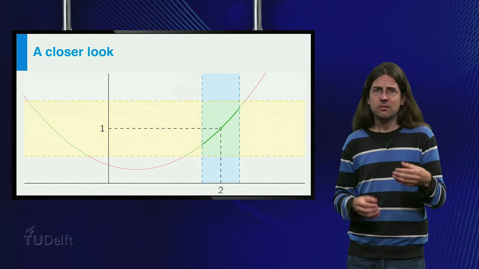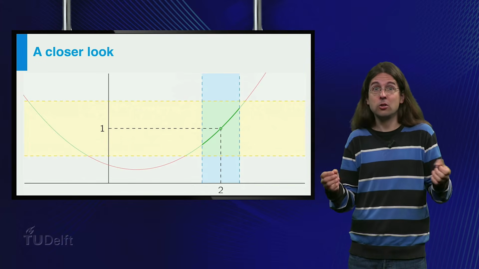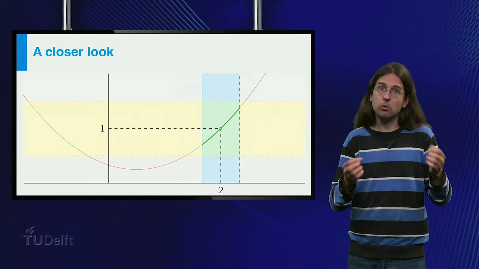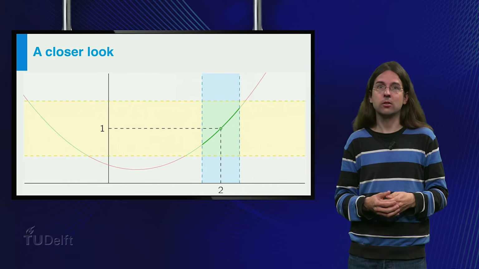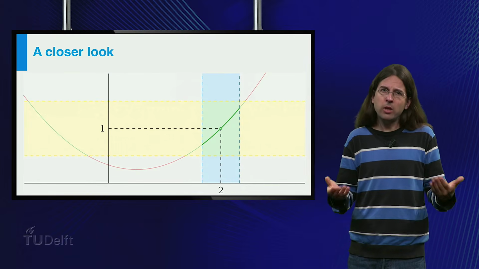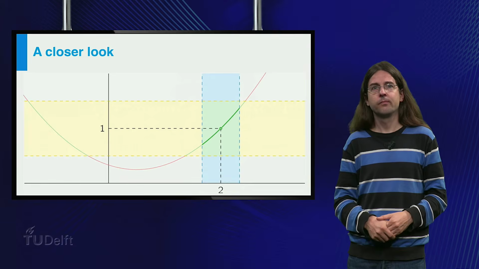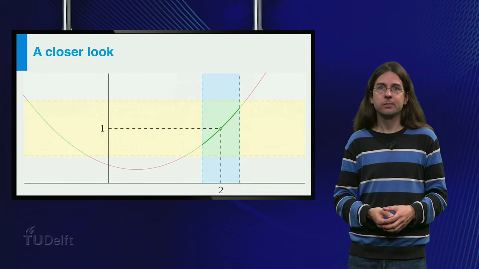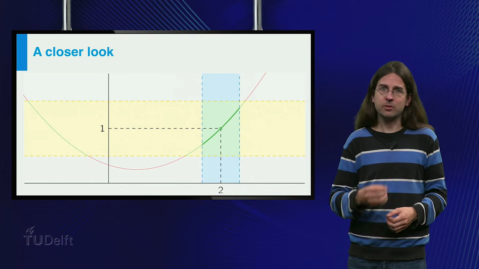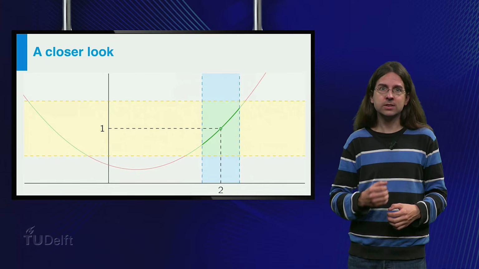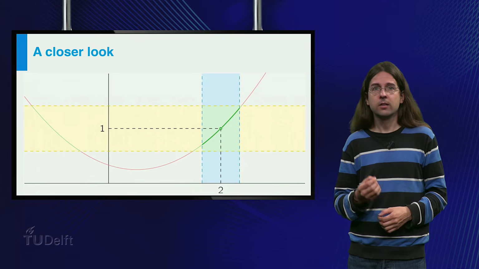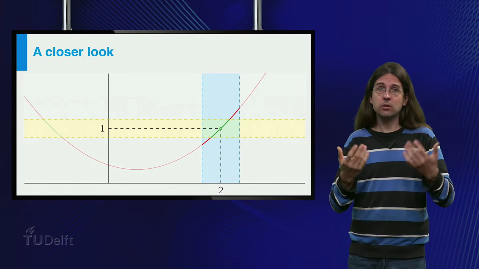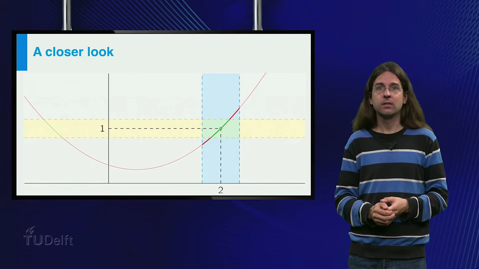Of course, we have now shown that for this particular notion of close to 1, a tolerance of 1/2, it is true that for all x close to 2, the function value is close to 1. But 1/2 is a pretty big tolerance. So we want to be able to do this for smaller tolerances as well. So what happens if we set the tolerance equal to 1/6? Then the horizontal band gets smaller, and a larger part of the graph will be outside this band.